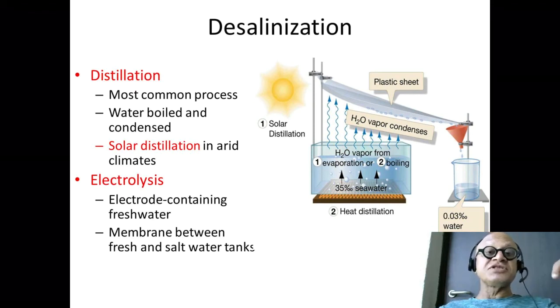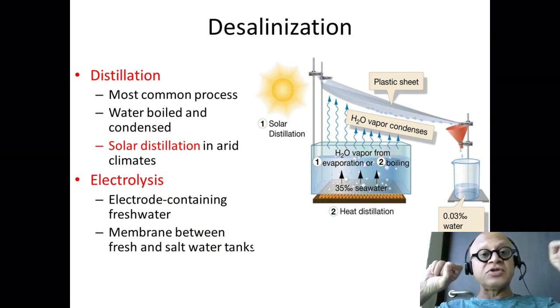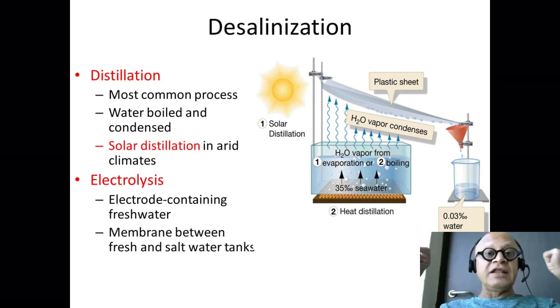Remember, salt water is conductive as opposed to pure water, which, even though it's dipolar, the hydrogen bonds make it nearly neutral. So if you put electrodes in pure water, the molecules will just stick to negative and positive electrodes, and electricity will not flow. Whereas if you have salts, then you can actually flow electricity, and you can create electrolysis to generate fresh water.